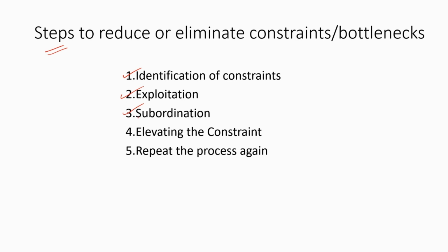Subordination. Non-constrained resources such as kitchen staff or support staff can be subordinated to support the limited staffing. Prioritizing time-sensitive dishes in the kitchen, and having support staff assist in cleaning tables or refilling water glasses can help alleviate the workload on the serving staff.